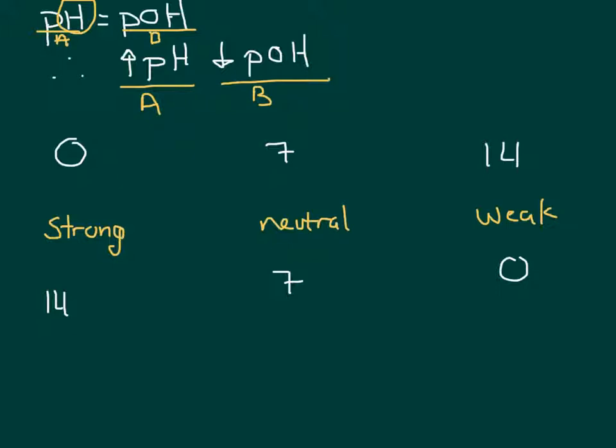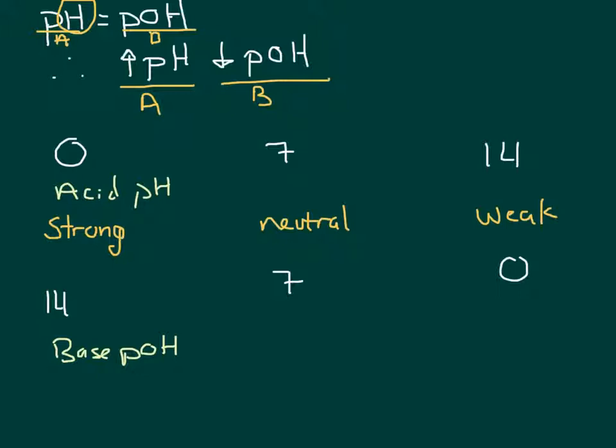The scale which we know is 0 to 14. This is our acid or our pH scale. 0 being the strongest, 7 being neutral, 14 being a weak acid. Well, we also have a base scale for pOH, and it is the inverse, where you have the strongest base as 14, neutral at 7, and 0 for weak.